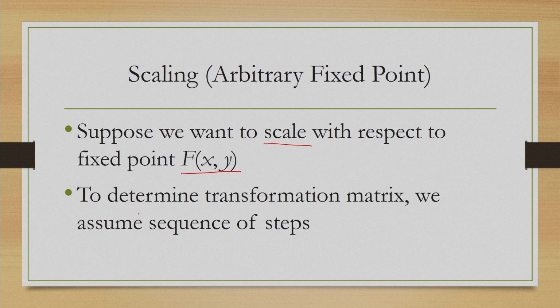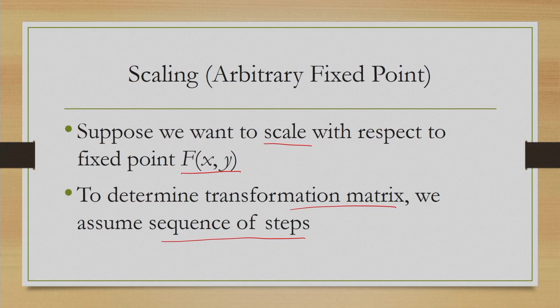Now, to determine the transformation sequence, we assume a sequence of steps. If the scaling was with respect to origin, then we do not require anything else, we simply scale. But if it is with respect to some other fixed point which is not the origin, then scaling itself involves a sequence of steps.